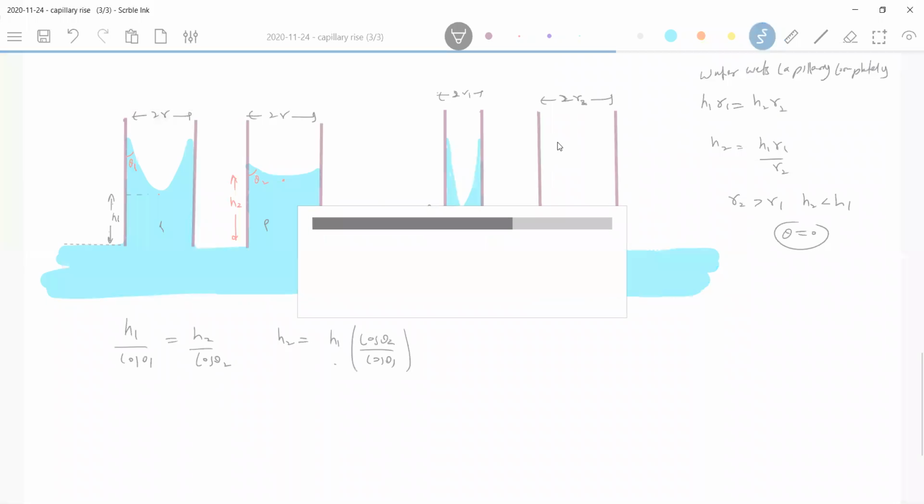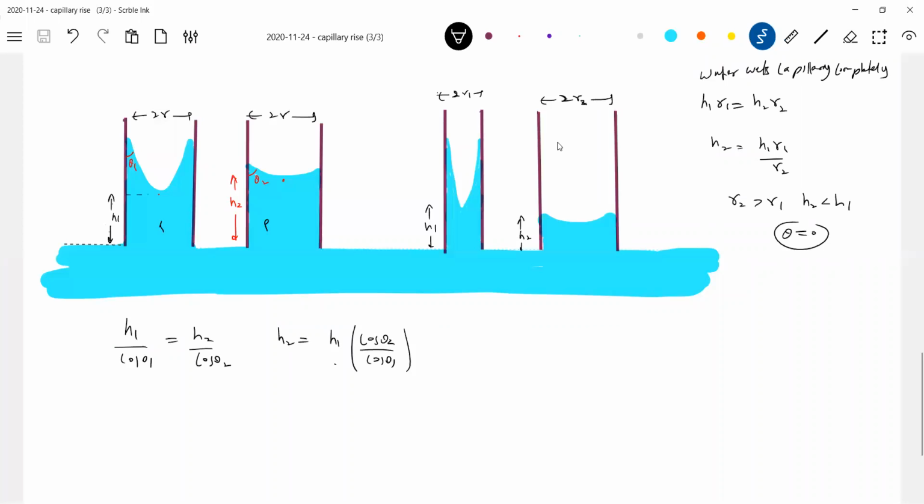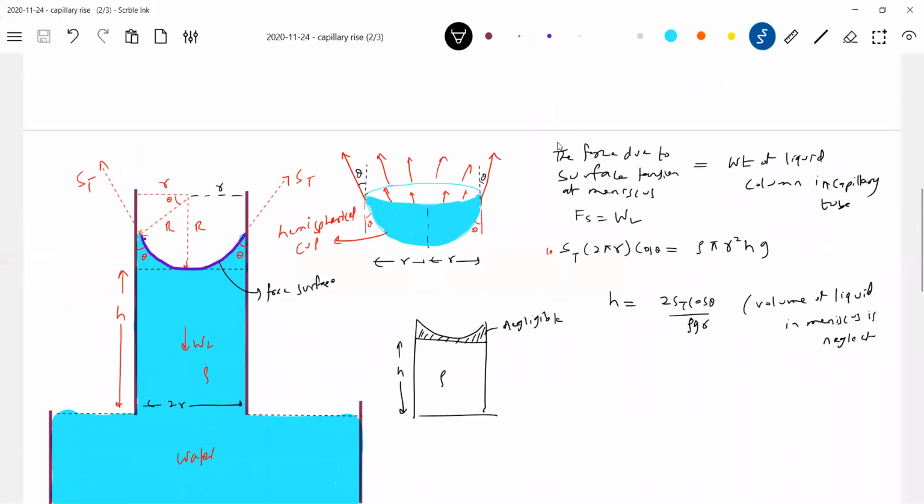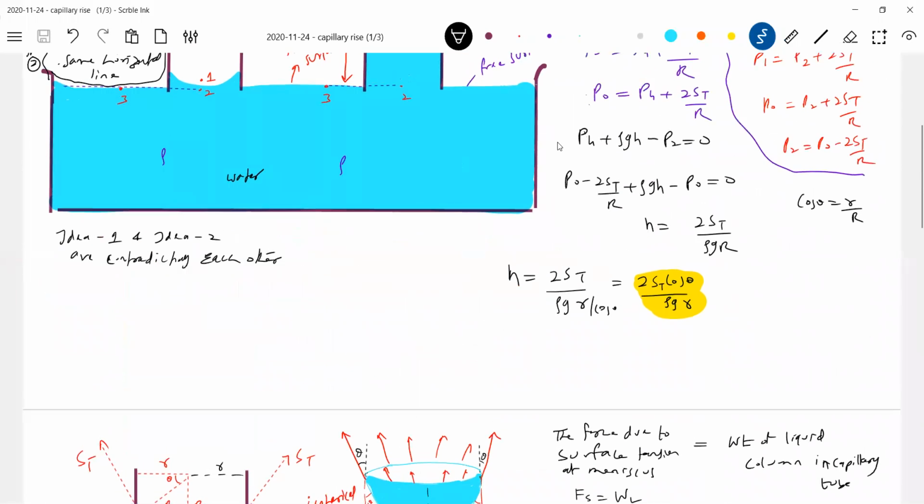Fine. Do you have some questions? I'm trying to give a diagram, but this is what happens here. You can even write H1 R1 equal to H2 R2, provided the angle of contact remains the same. There's no need for the angle of contact if you're going for that. So these are the different cases that will come.